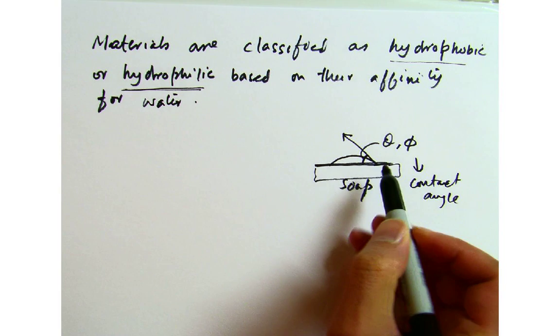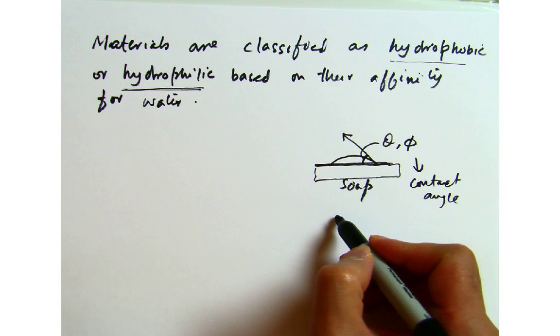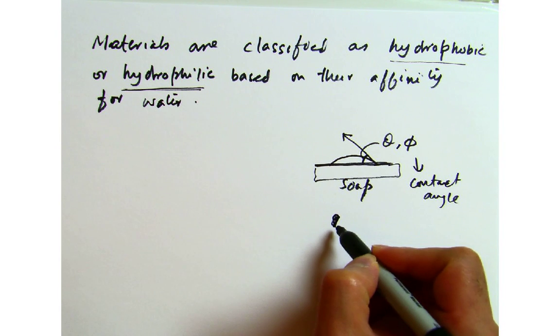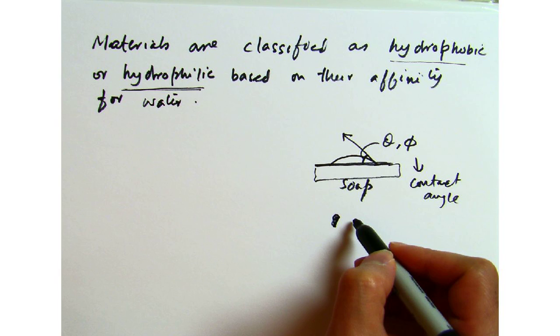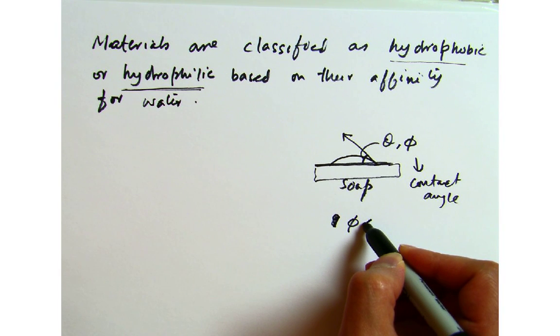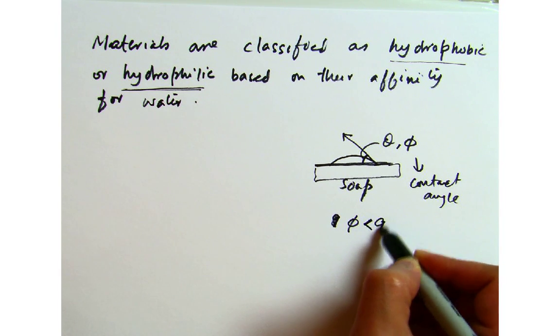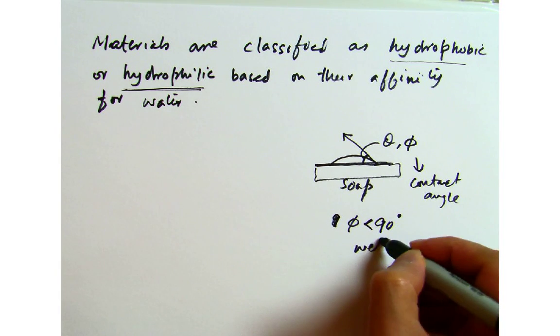For the liquids that wet the surface, phi has to be less than 90 degrees, and only then it will wet the surface.